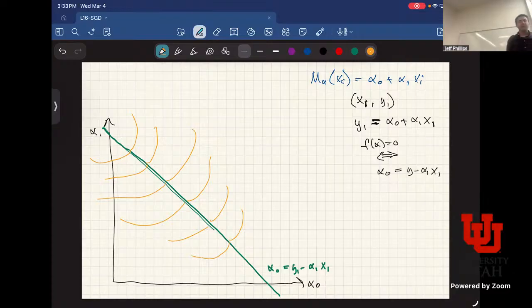So this is what the f of alpha function looks like for one data point. It will look like a line at the bottom and then a parabola curving off the line. Is this function convex in the space of alpha?